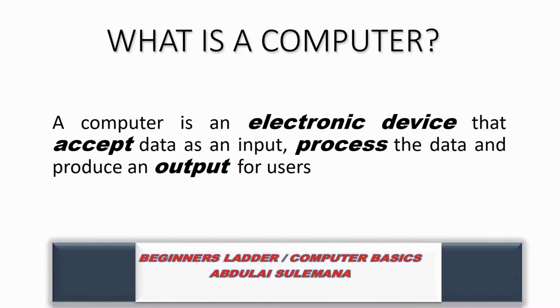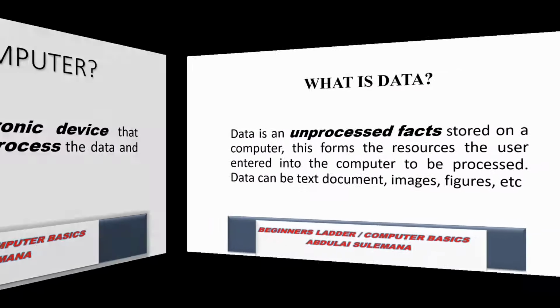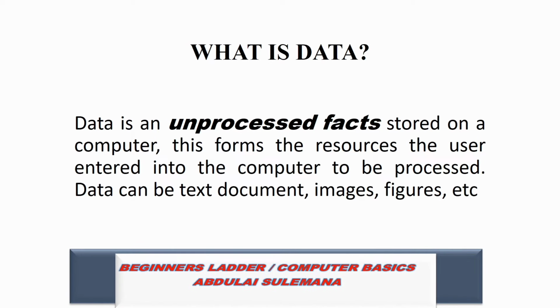Let's make progress. So what is data? Data is unprocessed facts stored on a computer. This forms the resources the user enters into the computer to be processed. Data can be in the form of documents, images, figures, text, etc., depending on the intended usage or what you are aiming to see from it.